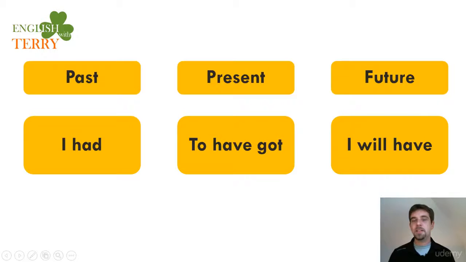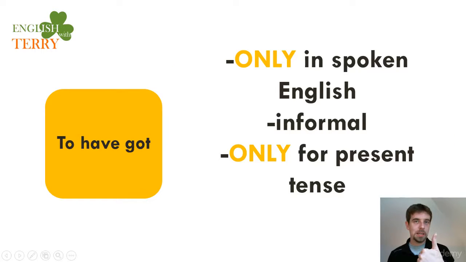In the present it is to have got, but the moment you are in the past, it's I had, and in the future it will be I will have. All right? So if we have only in spoken English, informal, and only for the present tense, these are the three secrets to using to have got perfectly like a native speaker.